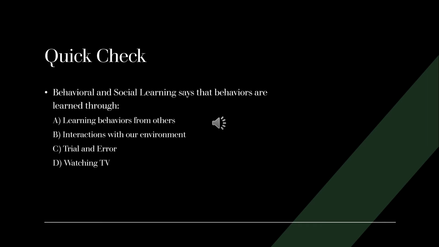So we have behavioral and social learning says that behaviors are learned through learning behaviors from others, interacting with our environment, trial and error, or watching TV. Okay, we're going to move to the next slide to reveal that answer.